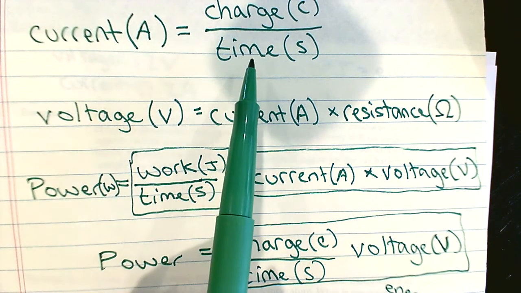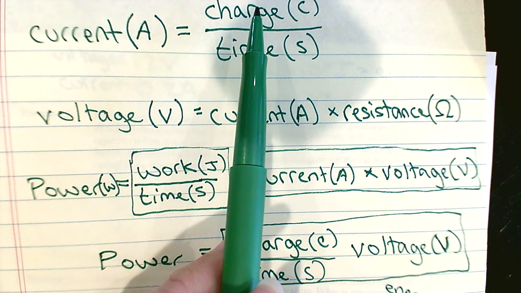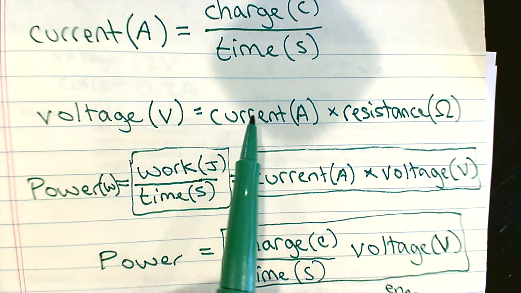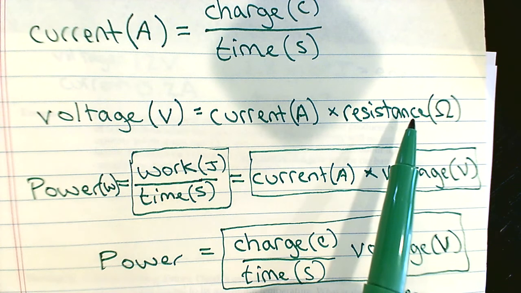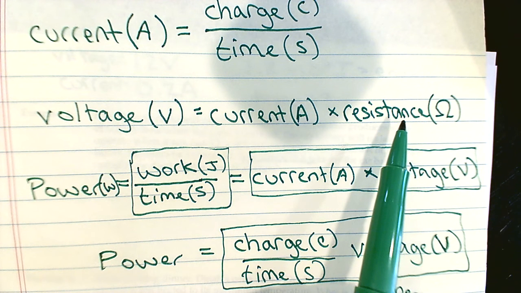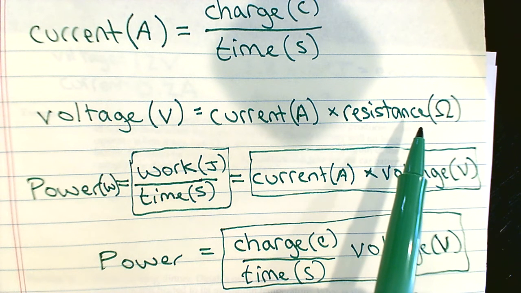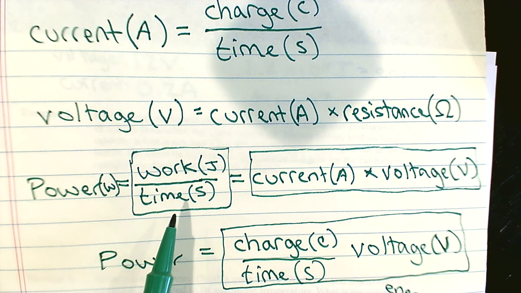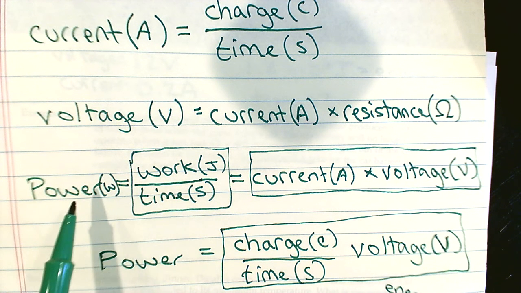Okay, so this one has current and time, but charge, which is nowhere in our stuff. This one has voltage and current and resistance, and resistance is really nowhere in our stuff. This one has energy and time and power.